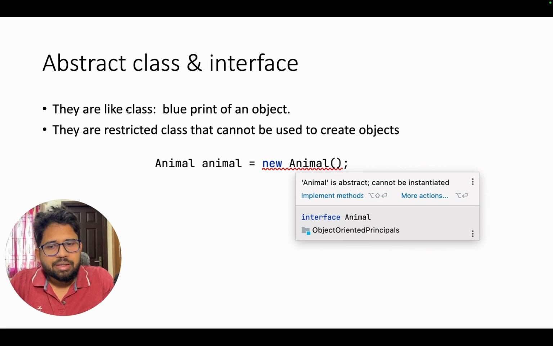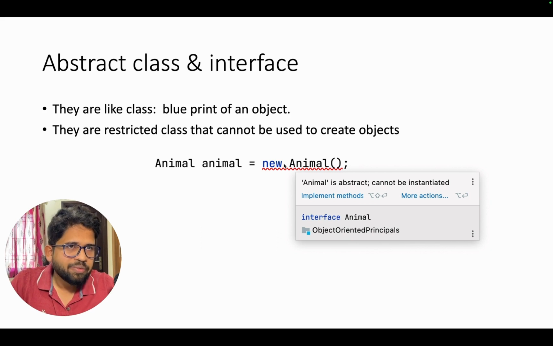However, they cannot be created the way the objects would be created with the help of class. So when we were talking about the simple class, you could write a statement like new Animal. But if Animal is an abstract class, you cannot do that. So this is the difference.